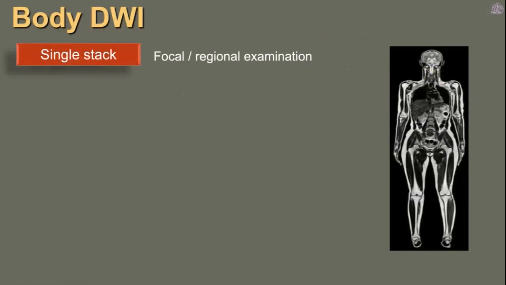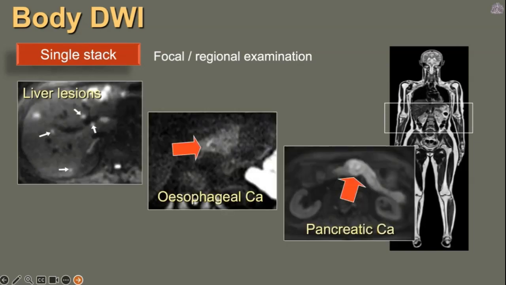So the key to whole body MRI technique now is what we call DWI, or diffusion weighted imaging. This is already implemented as a standard of care technique in most MRI centers. And what we know is that if you apply it over a specific region of the body, we can use it to detect sites of malignancy. In this example here on the left, we see evidence of liver metastases.